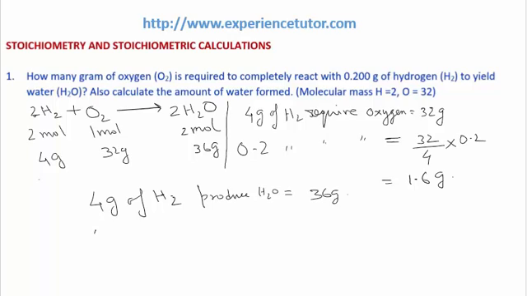Therefore, 0.2 gram of hydrogen will produce water equal to 36 upon 4 into 0.2, which is equal to 1.8 gram.